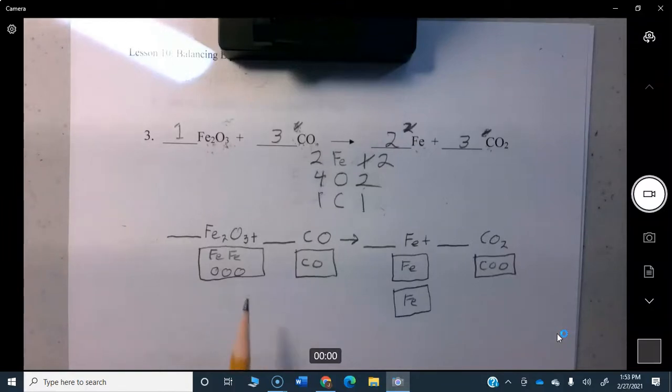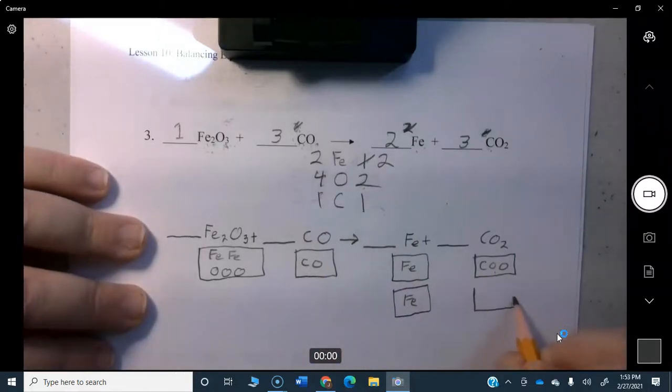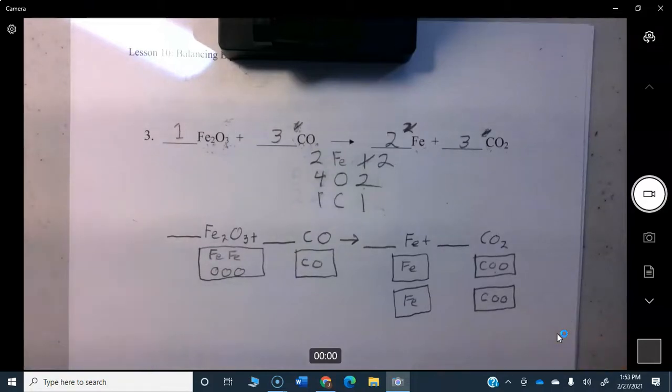So what we have to do now is we have 1, 2, 3, 4 oxygen on the left and 2 on the right. So since you have fewer on the right side of the arrow than on the left, we're going to draw another box here. Okay, so now we have 4 and 4 for oxygen on both sides.